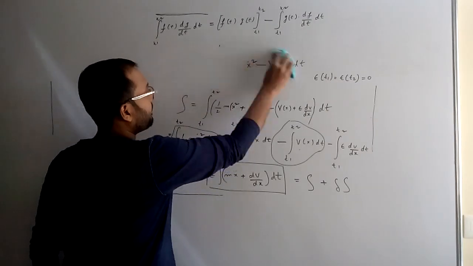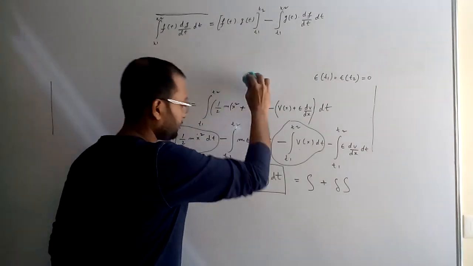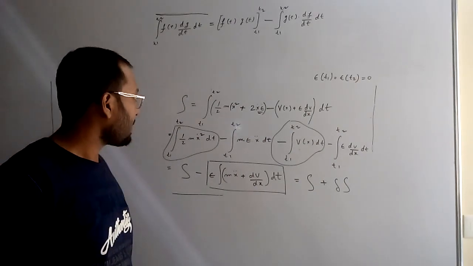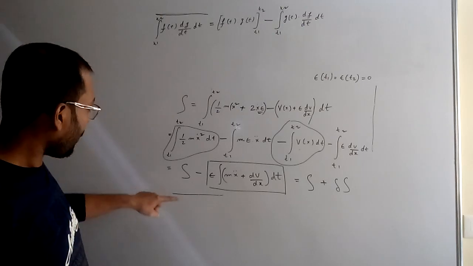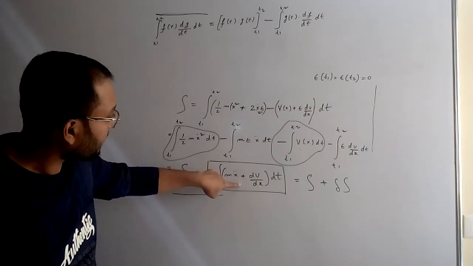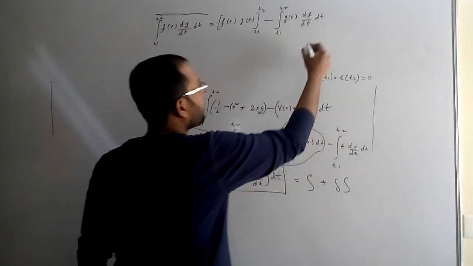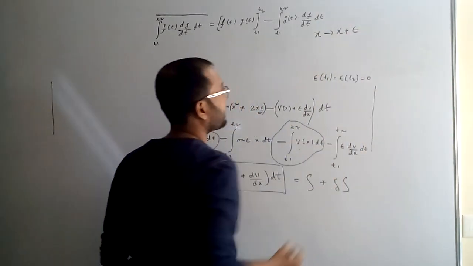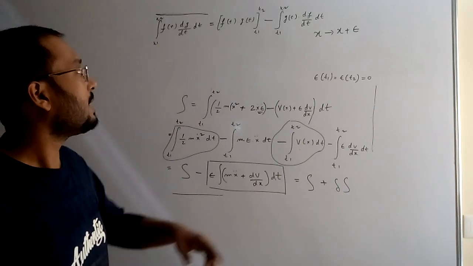So if I continue here, notice what I said. I said that I got back my original action plus something extra. Well, I got back my extra because my x wasn't x. My x had been shifted. It had been shifted by an amount epsilon.